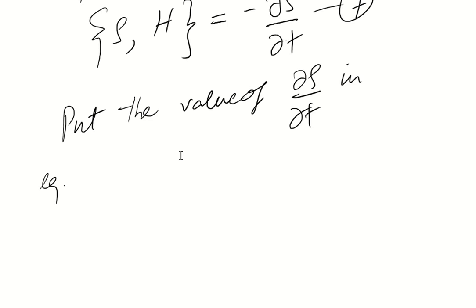So what we get is d rho over dt equals 0, which means that rho is a constant.